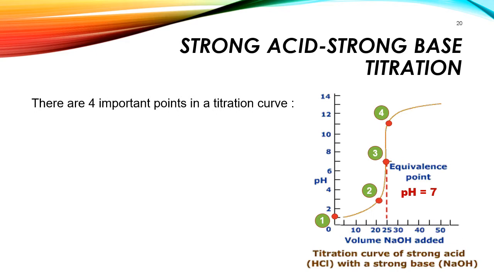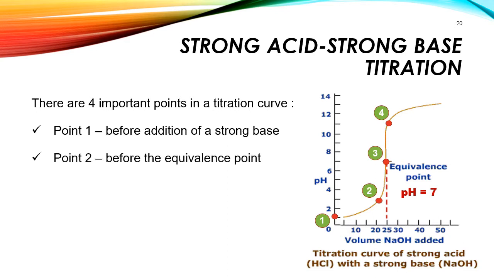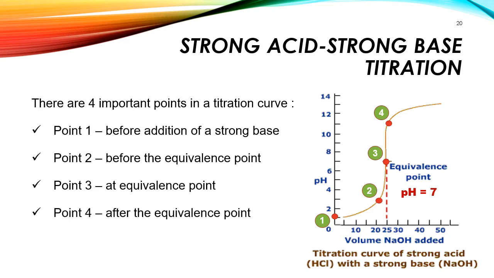There are four important points in a titration curve. Point 1 is the point before addition of a strong base. Point 2 is the point before the equivalence point. Point 3 is the point at equivalence point. And point 4 is the point after the equivalence point.